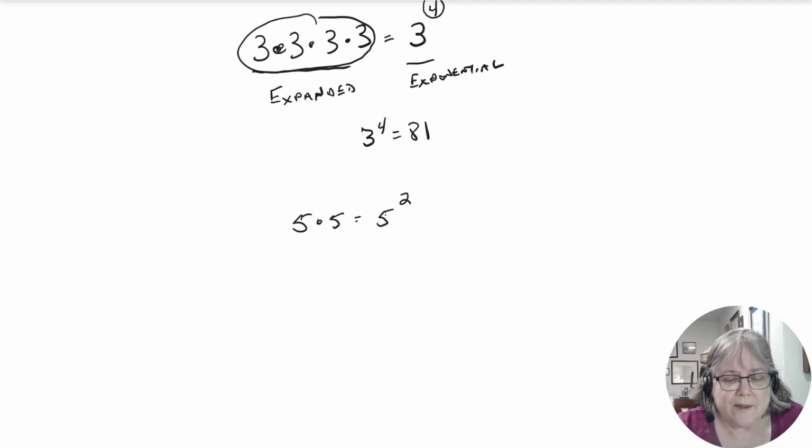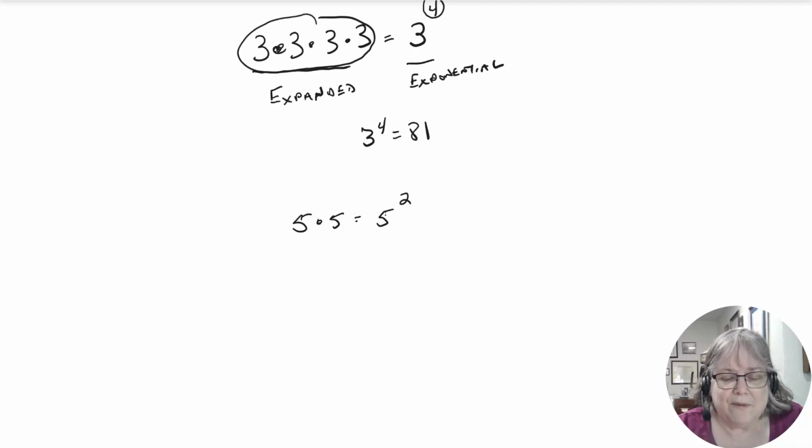It's there twice, so the power is 2. So you could say 5 to the second power, but because some powers show up more often than others, and one of them is a 2, they call it squared, 5 squared, kind of like square feet in the area on your room if you're going to measure it for buying carpet, and you would say length times width is so many square feet. All right.